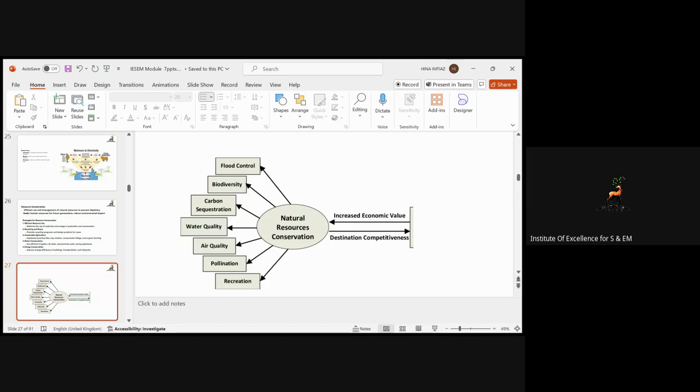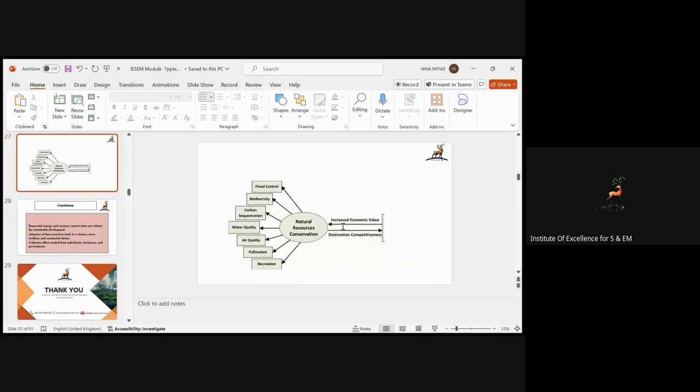Again, we are improving water quality and air quality, and we are improving the process of pollination, which gives new varieties of flowers and plants, and we are creating aesthetic beauty and recreational activities, which automatically results in the conservation of the natural environment.